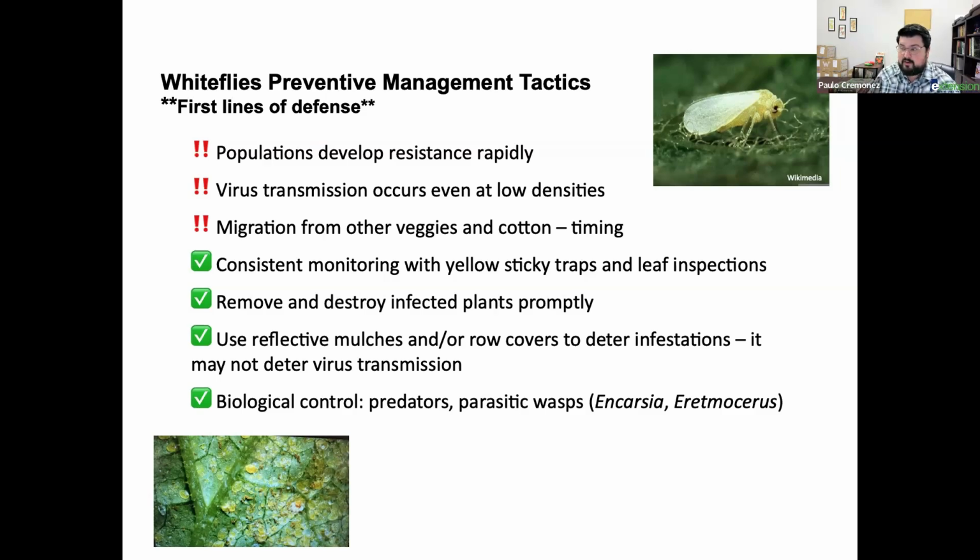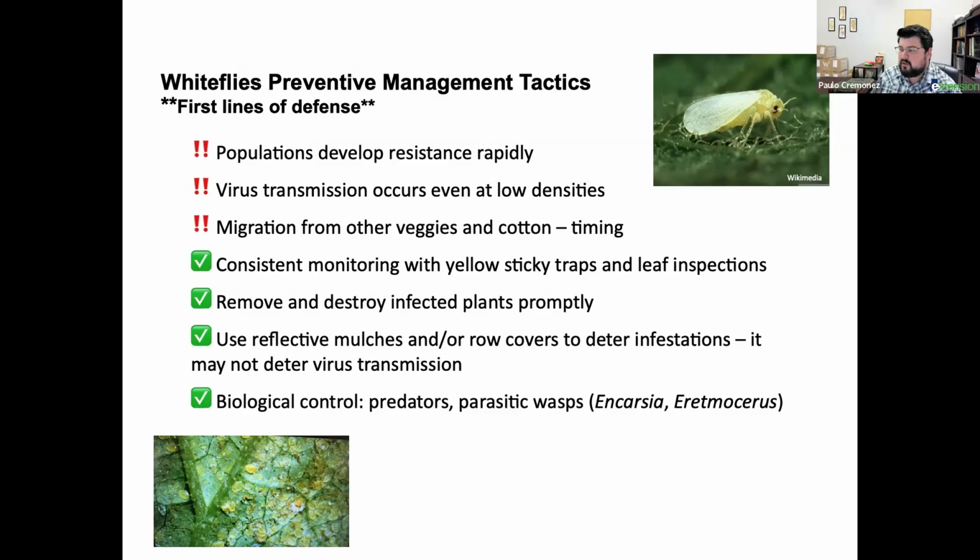They can be migrating from other vegetables and cotton, so they're very generalist. So if your neighbor is harvesting cotton, or some other defoliation of other plants, then be prepared that you can have a flare-up migration of whiteflies into your area.